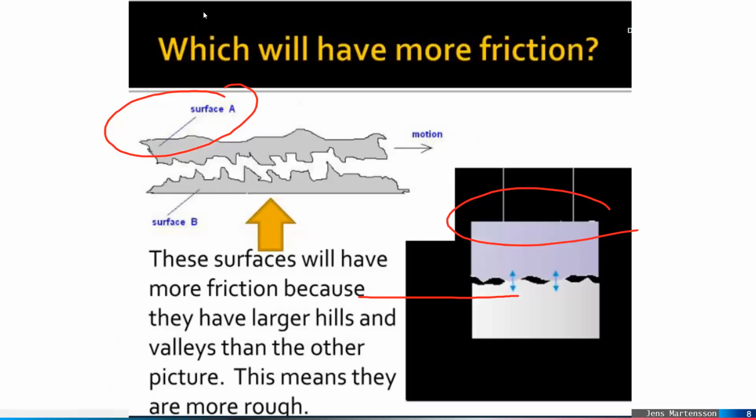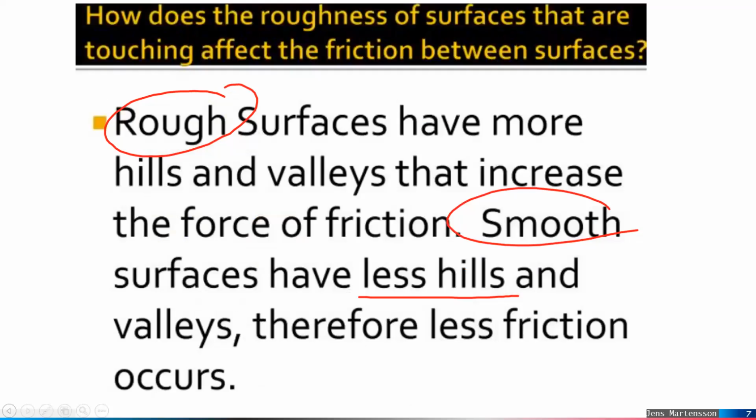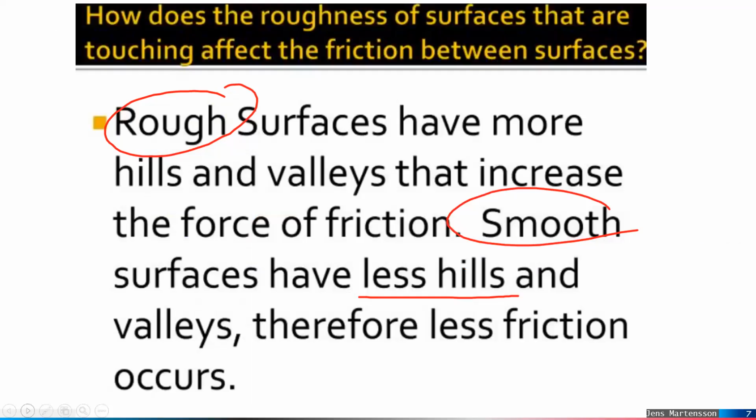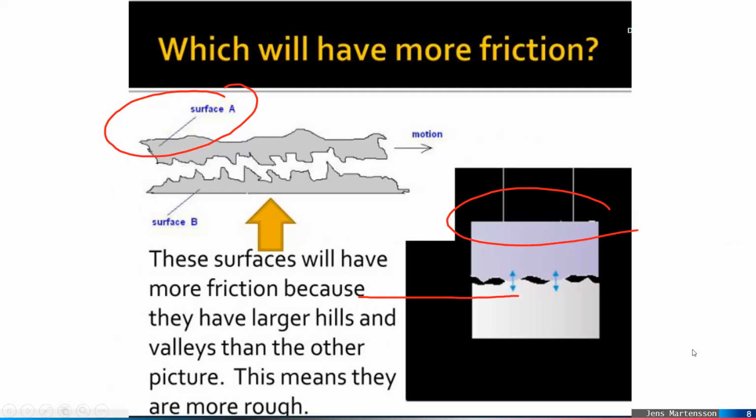Now, if you look at the previous picture here, we have this smooth surface with these microscopic valleys and hills. And if you look at these objects here, between these two surfaces, we also have valleys and hills.